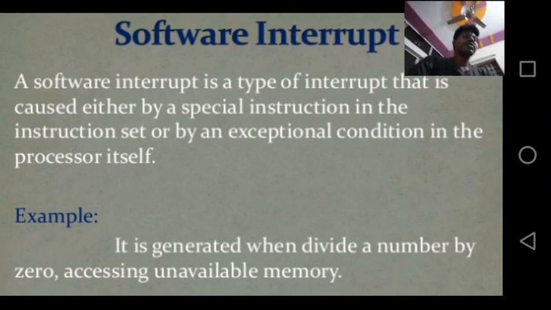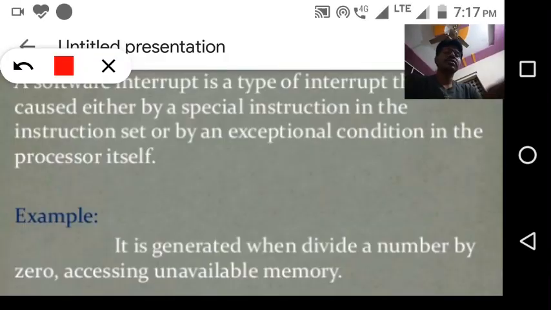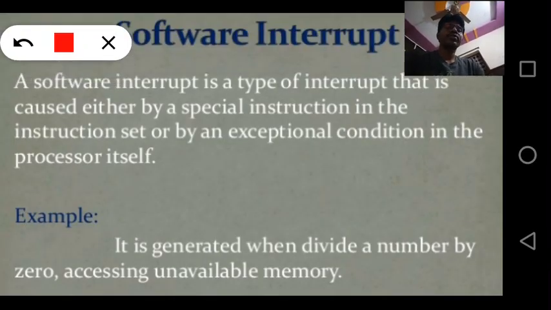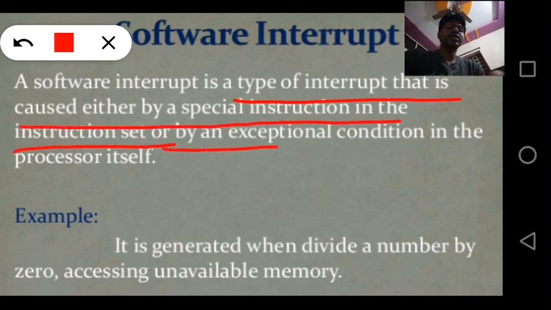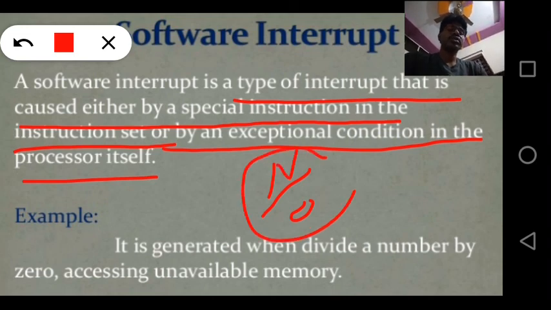And we have another type, that is software interrupt. A software interrupt is a type of interrupt that is caused either by a special instruction in the instruction set or by an exceptional condition in the processor itself. The best example is divide by 0. It is an exception. The processor generates it.